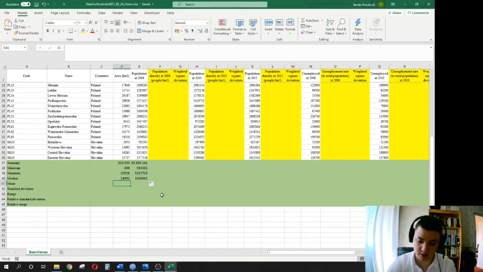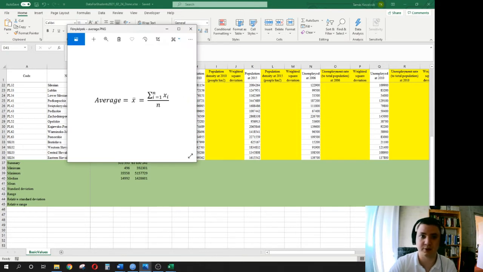So the formula for the mean is just simple. Let's make a summary of all of the absolute numbers and divide it by the number of subdivisions.